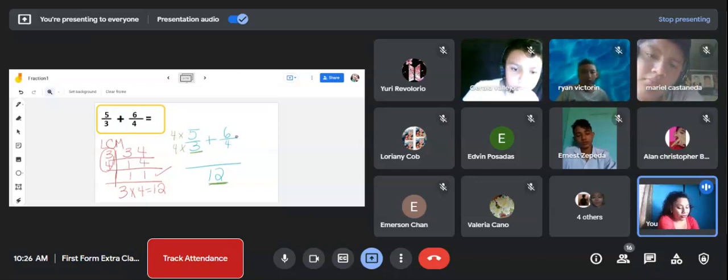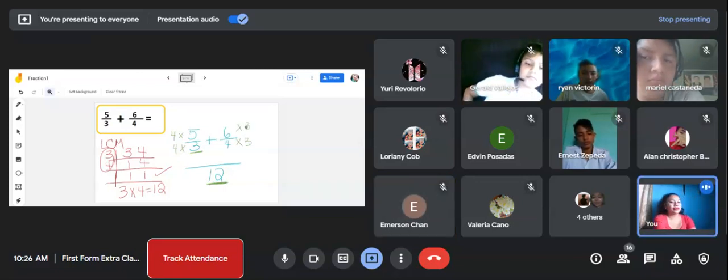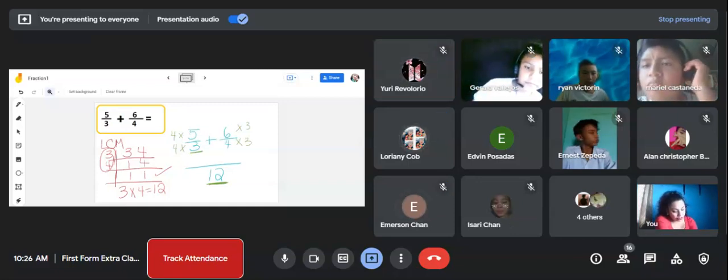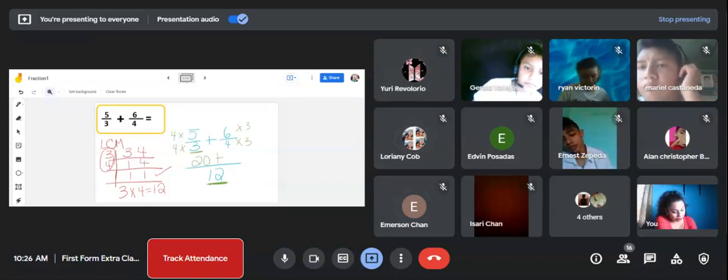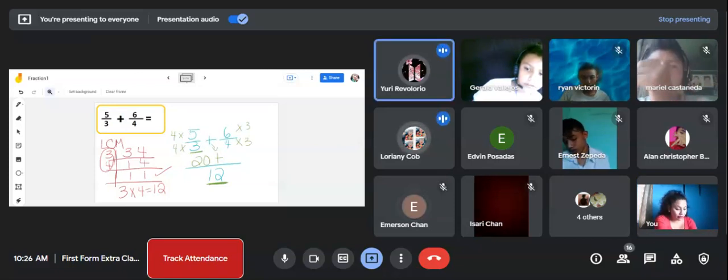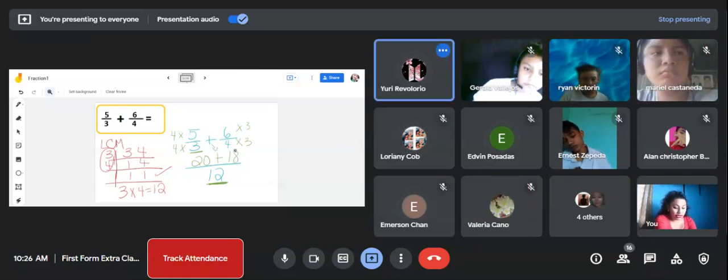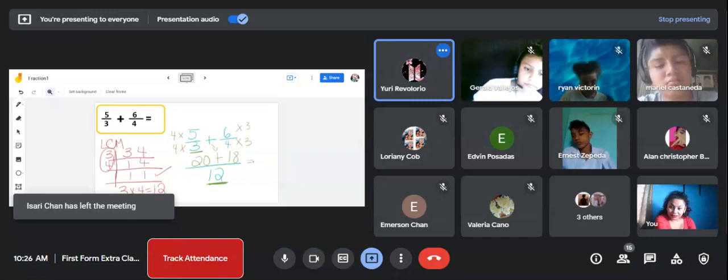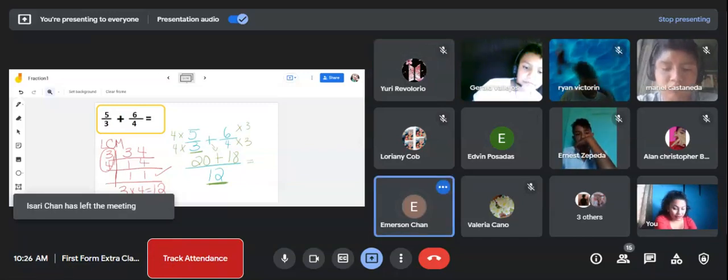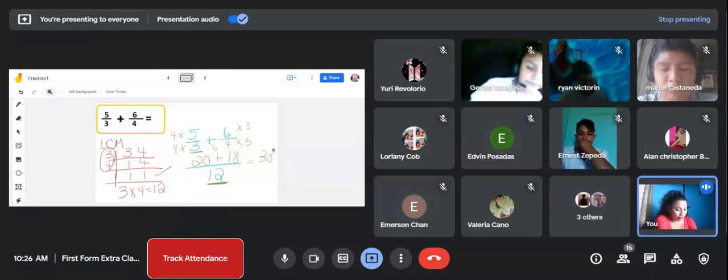What did I do to the 4 to make it 12? Multiply by 3. So I do the same at the top, multiply by 3. Now what is 4 times 5? 20. Plus 6 times 3, 18. And 20 plus 18, 38 over 12.